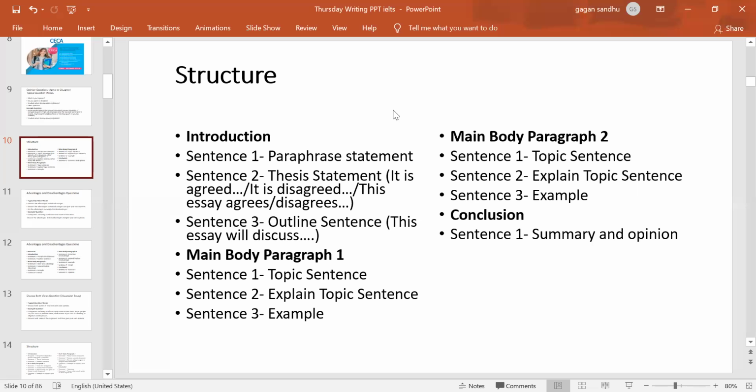So you see here the main body paragraph, sentence 1 is going to be the topic sentence. Topic sentence is always the sentence which tells what this whole paragraph is going to be about, right? If I write, the more tolerant society is the byproduct of adding the community service subject in the regular school curriculum, this acts as a topic sentence.